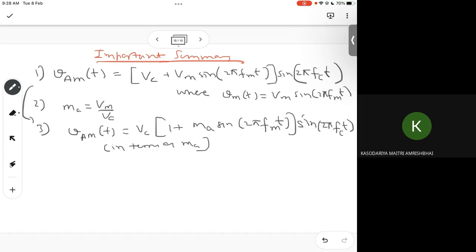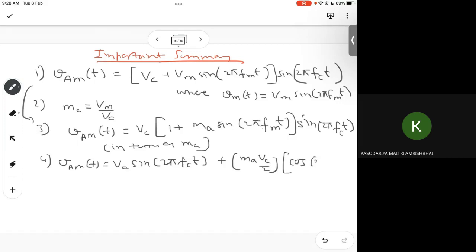And we have seen another expression also, the final expression. V_AM(t) is equal to Vc sin 2π fc t plus ma Vc by 2 cos 2π (fc minus fm) t, minus ma Vc by 2 cos 2π (fc plus fm) t.